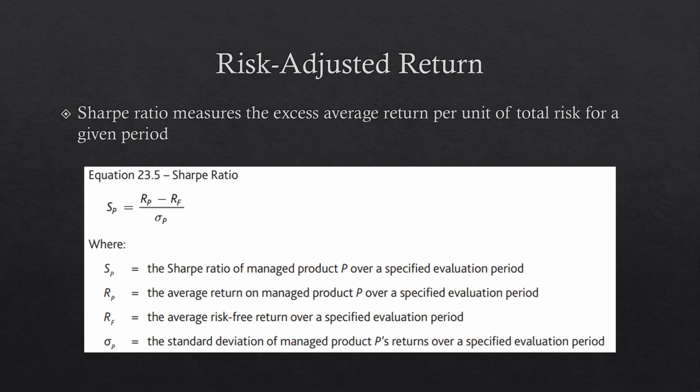The other risk-adjusted return is the Sharpe ratio, and so this measures the excess average return per unit of total risk for a given period. So you would calculate it by looking at the average return of the product less the risk-free rate divided by the standard deviation of that product.